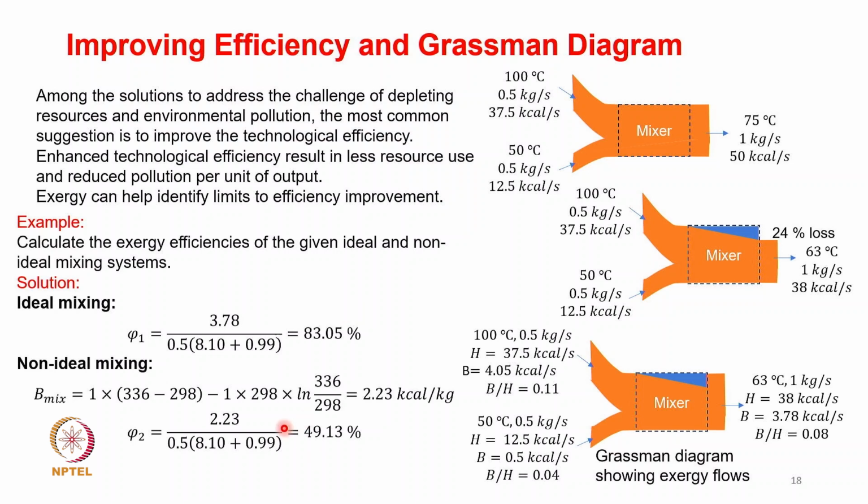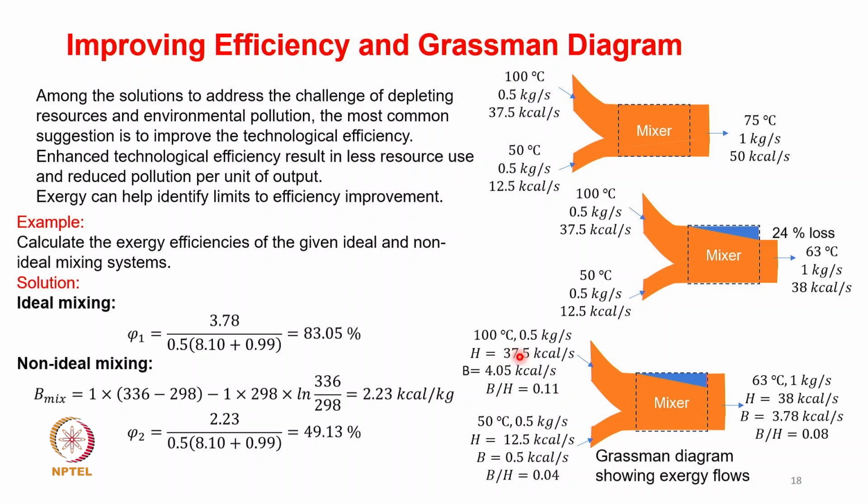But the moment you have non-ideal mixing, you would see that this would be reduced by at least 30%. So, from 50 to 80, and what we are interested in is recovering this fully, so that we shall be able to have a better B by H basically. So, this is the B by H calculation. The input here is B by H, right.